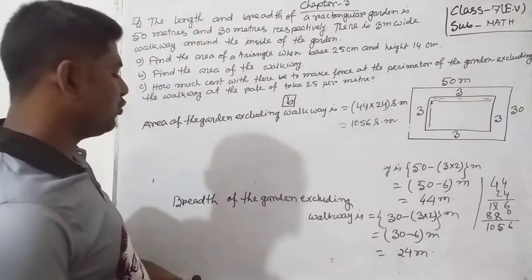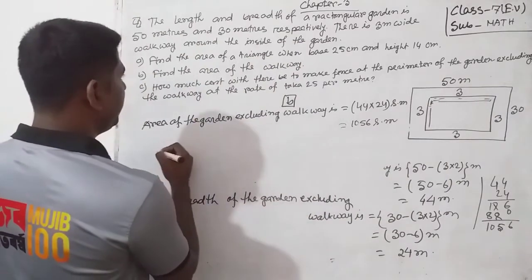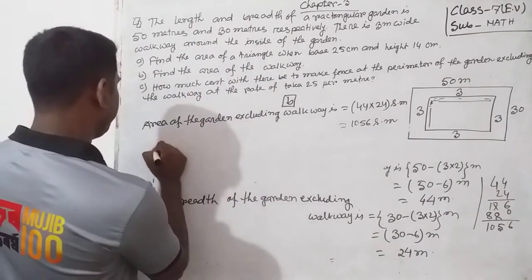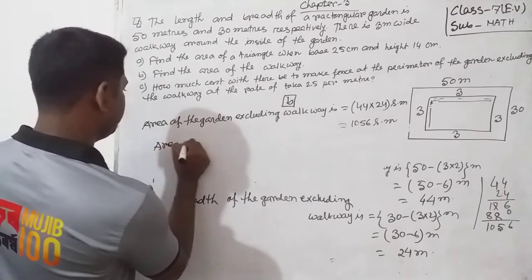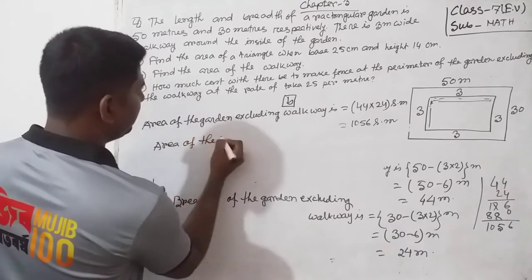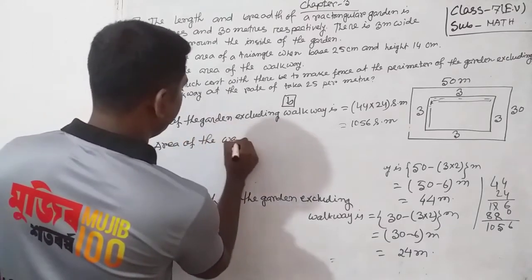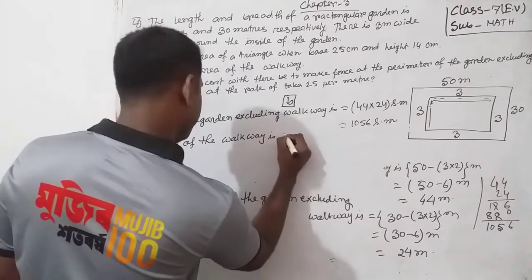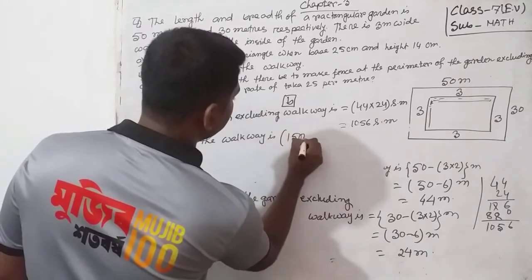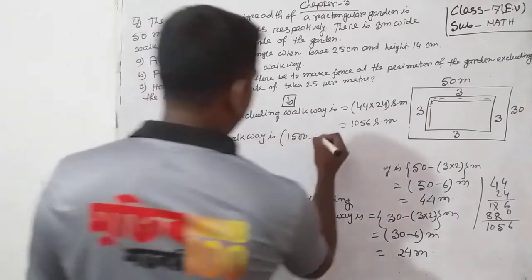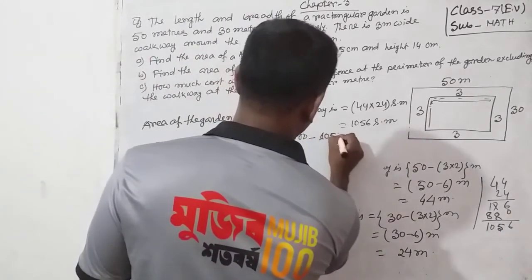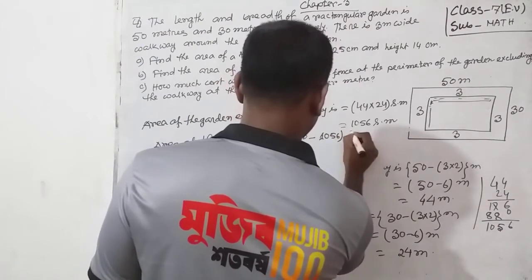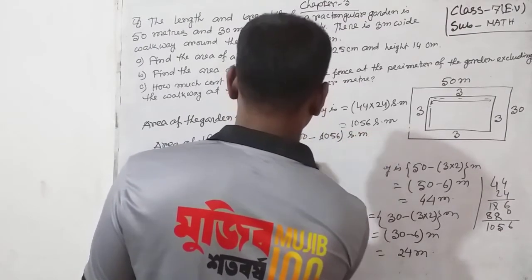So we can write area of the walkway is 1500 minus 1056 square meter.